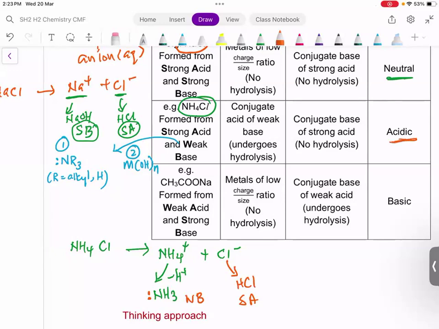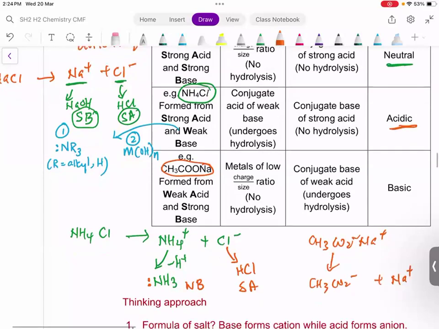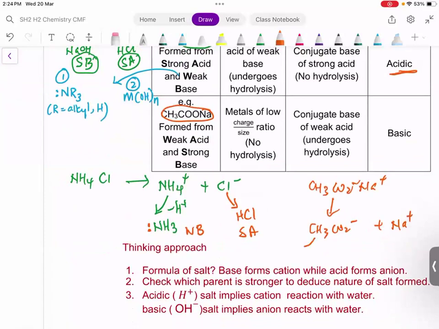Therefore, the salt formed will be acidic. If you look at the next one, sodium ethanoate, when it dissociates it gives you the ethanoate ion and Na+. Where does this come from? The anion must come from an acid. What's the acid? Ethanoic acid.